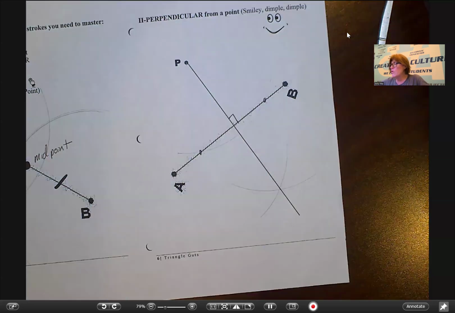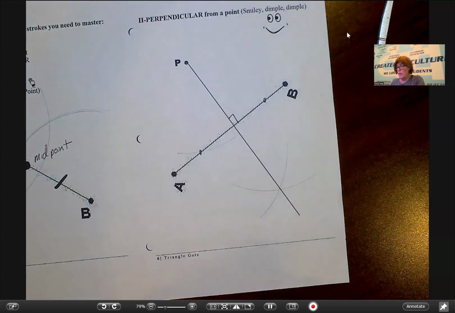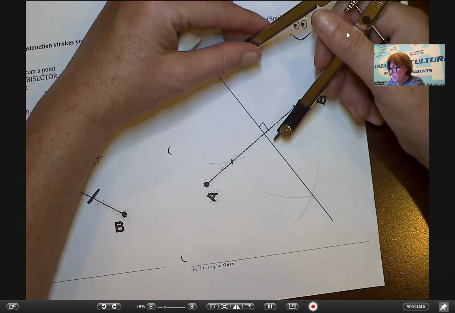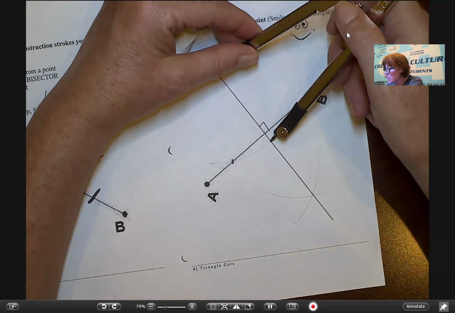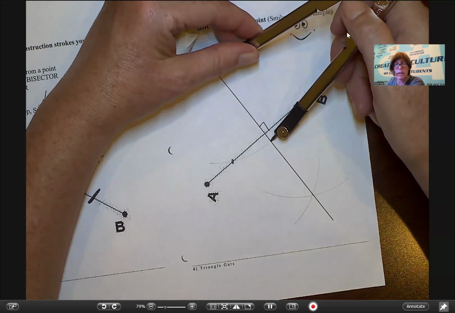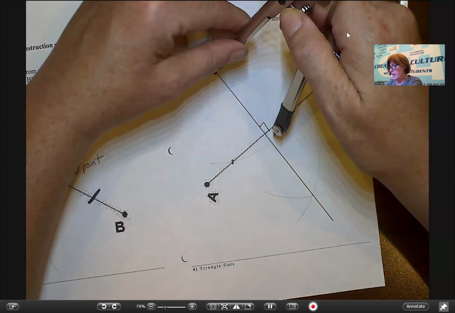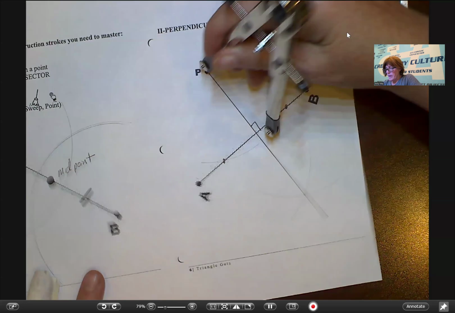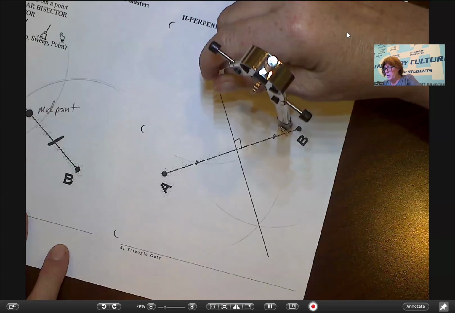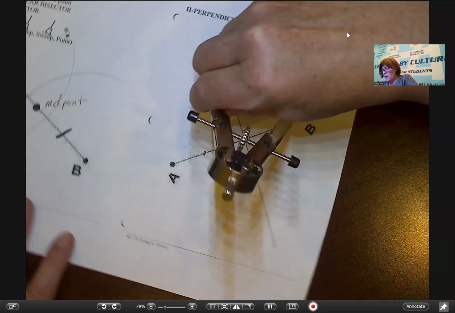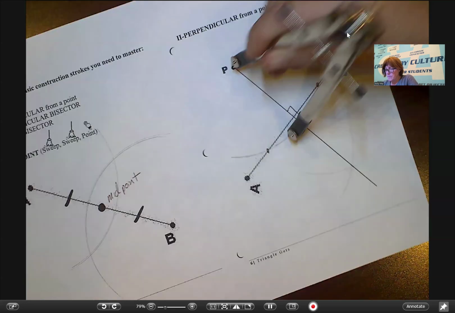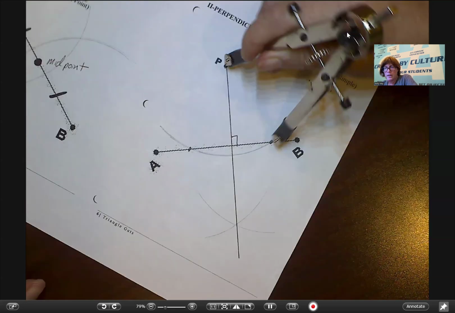Now I'll do it again using the twirling of the paper method. I'm going to open up the compass setting so it's just past the line, and plant that pivot. Instead of twirling my compass, I'm just going to tilt my compass and twirl the paper instead. Smiley.